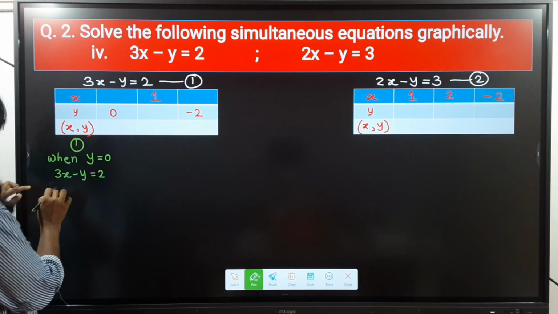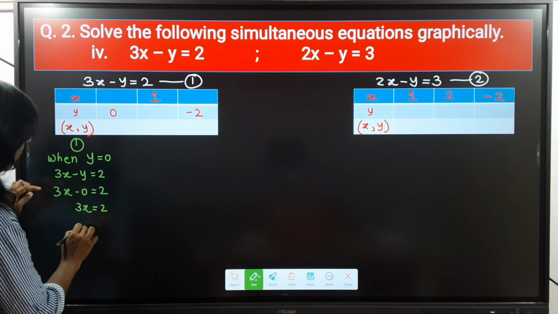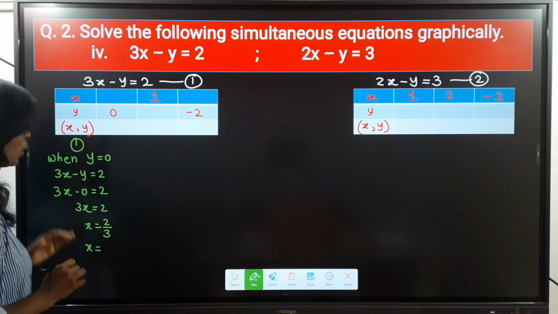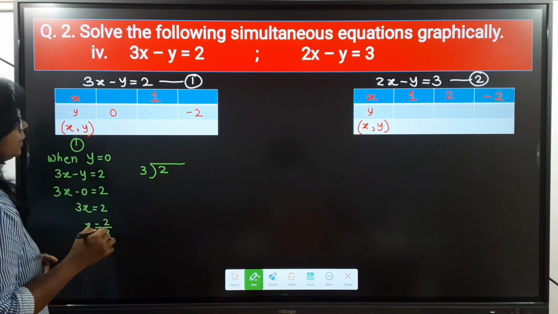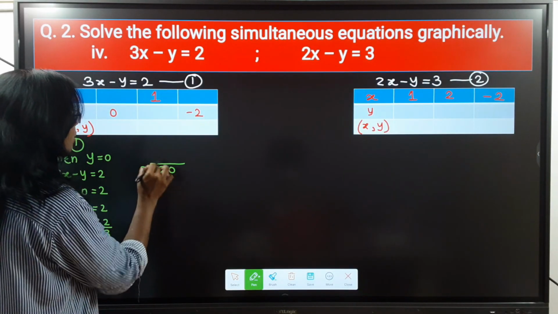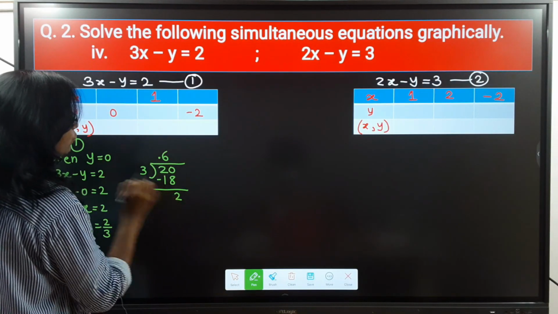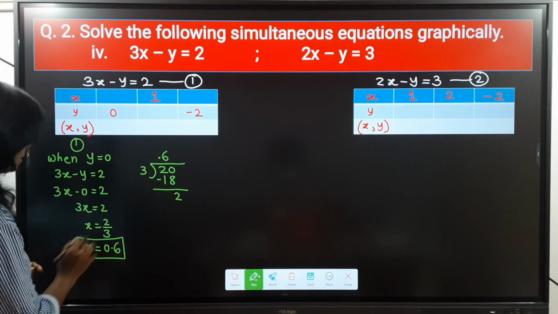So now 3x minus 0 is equal to 2. So 3x is equal to 2. So x is equal to 2 upon 3. Students, 2 upon 3 means 2 divided by 3. So 0.6, we write here 0.6 first.